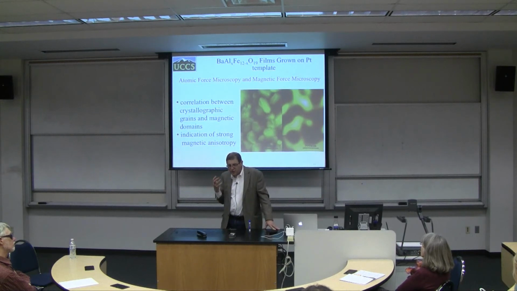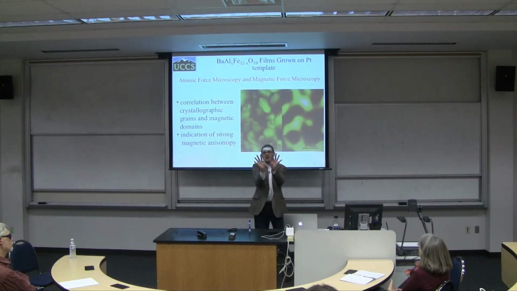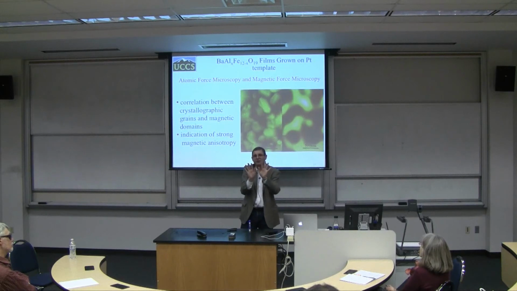But in order to do this, you have to change. If you have a continuous material, yes, you have spins going like this. They are coupled by exchange coupling, and you have to change the orientation of this spin to this orientation. Now, I'm talking about a quantum mechanical effect.